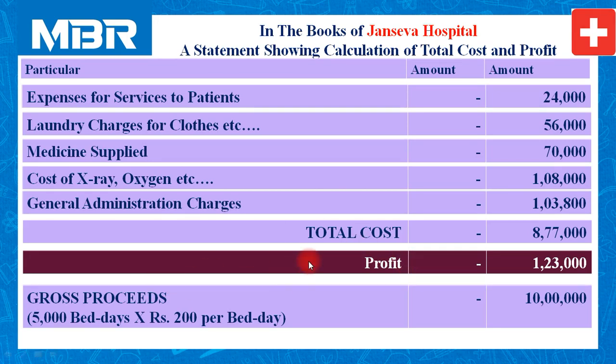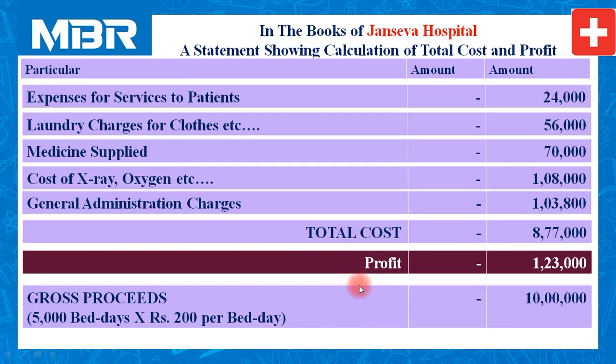So in this particular situation, we need to calculate the amount of profit first: total cost plus the amount of profit calculated on the basis of the information is equal to the amount of gross proceeds.